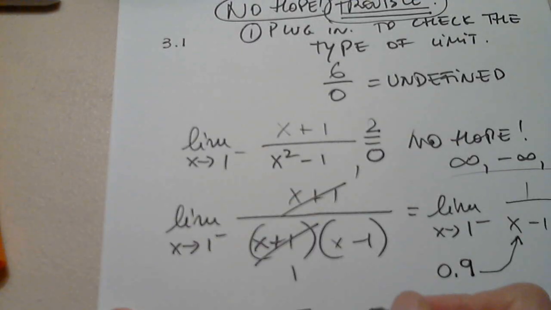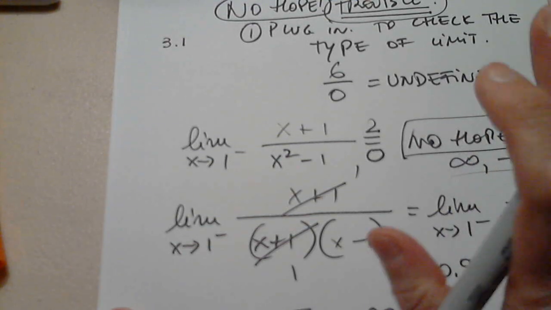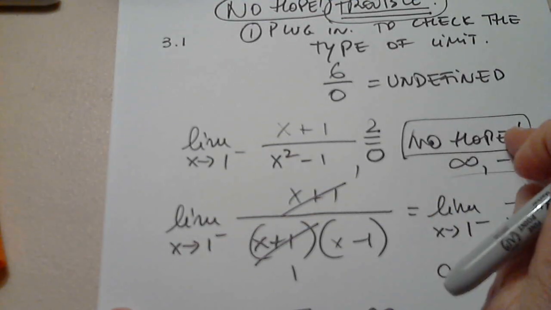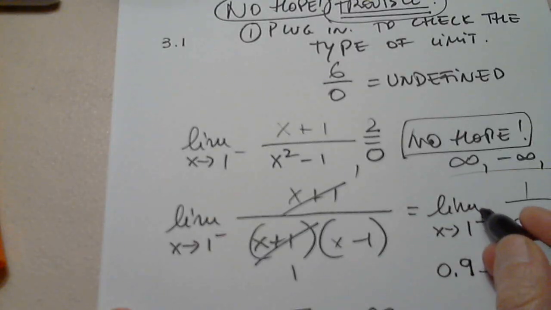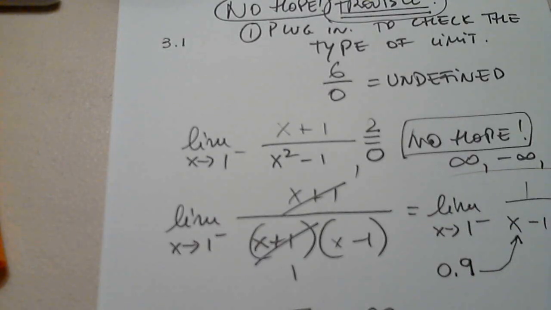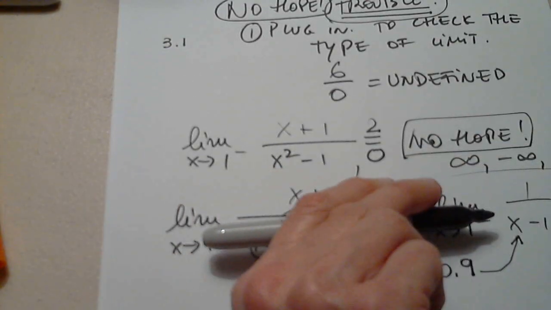Negative infinity? Absolutely. Because the top is positive and the denominator is negative. And this is a situation of no hope. Absolutely never and ever. No hope means this, this, or this. And in this case, the top is positive, the bottom is negative because I had to enter a number, at least imagine I enter a number, close to 1 from the left.